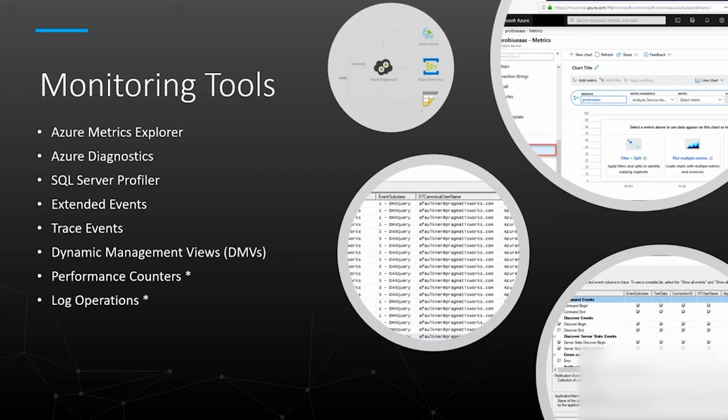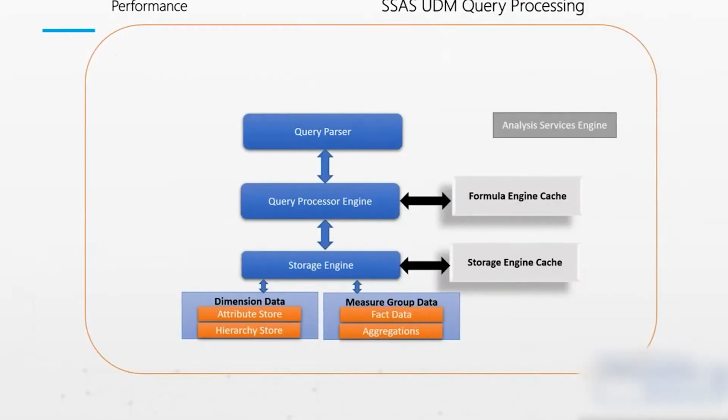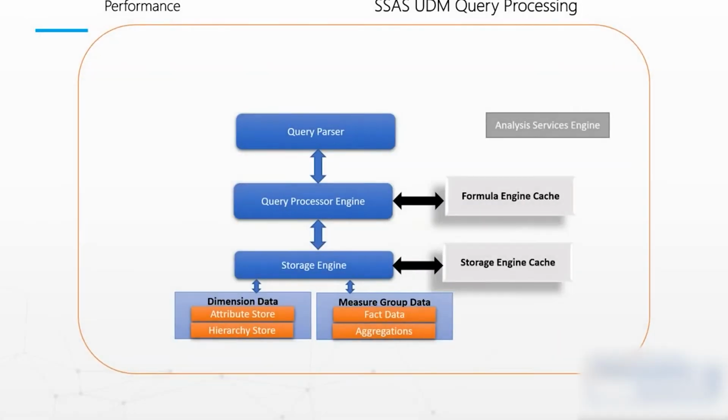So one of the things that I always like to bring up, because I don't know how many people know this or understand this, but it's important to understand how the Analysis Services engines process a query. And in this case, an MDX query comes in, and this is for Analysis Services multidimensional.